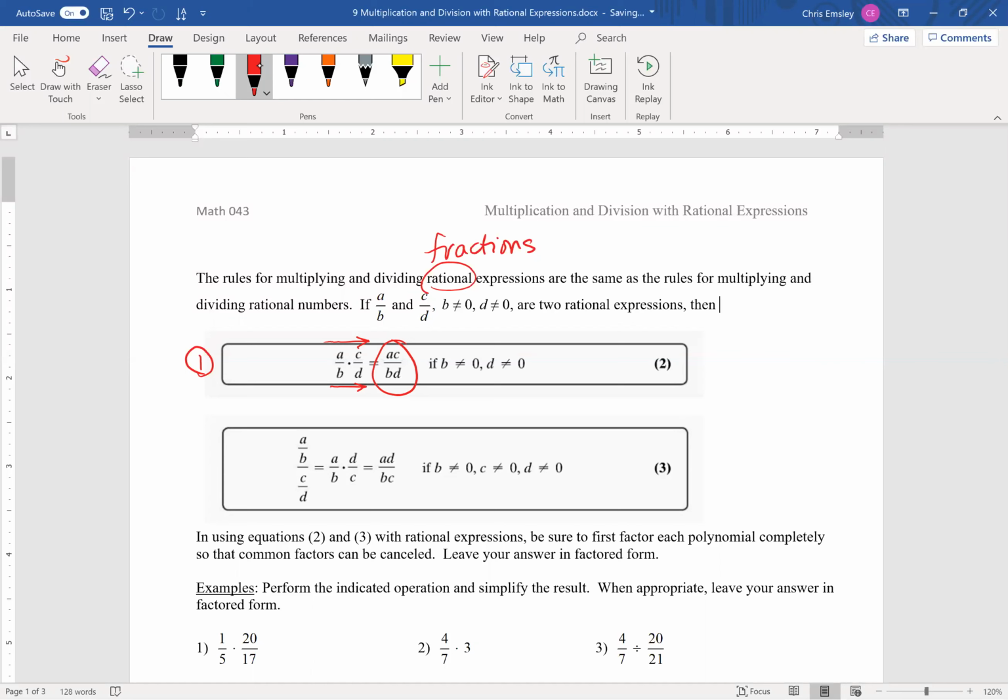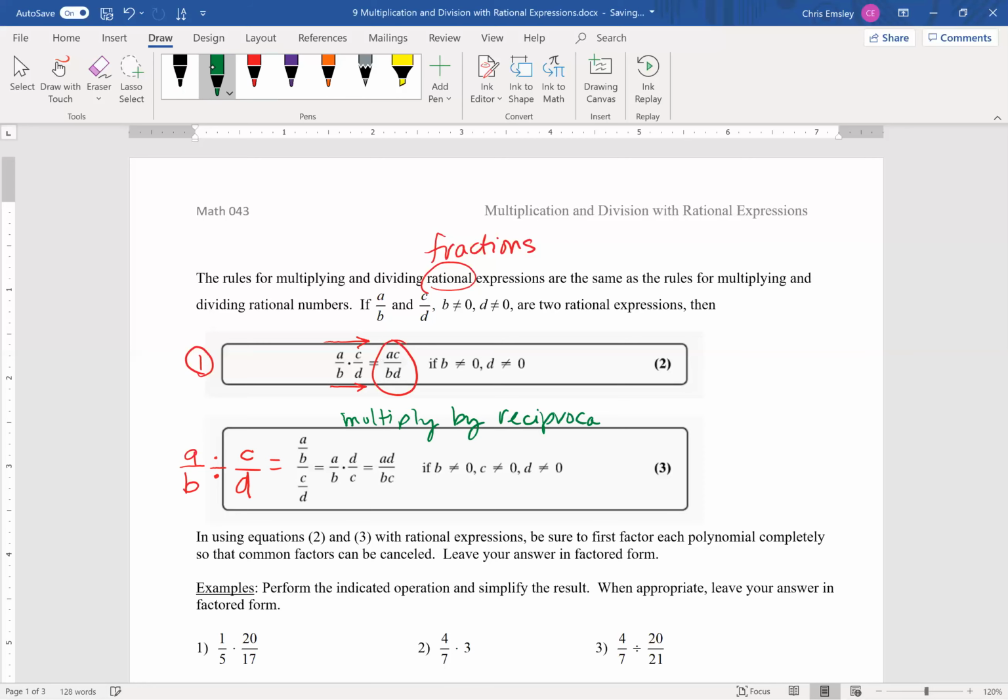Fraction division is a little different. They wrote this here as a nice, big complex fraction. This would be equivalent to writing a over b divided by c over d. But anytime we are dividing by fractions, you may have heard this phrase before: what we're actually going to do is multiply by the reciprocal.